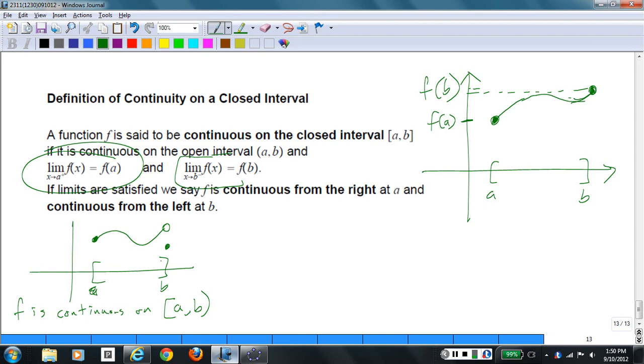Here's kind of an important point that I need to bring out here. Suppose that we have a function, and there's A right there, and it's doing this, and then it's doing this, and let's say it's doing this, and we've got b over here.